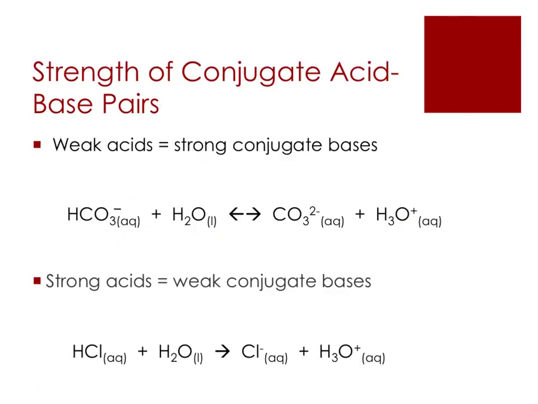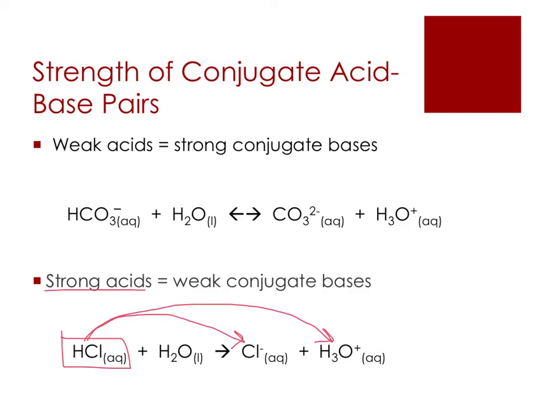So let's put the pieces together and see how acid and base strength fit in with the Bronsted-Lowry definition of acids and bases. I'm going to start down here with this strong acid example. So take HCl, the strong acid. HCl has a greatly favored forward reaction. As we said, nearly 100% of the HCl will dissociate to form Cl- and H3O+.